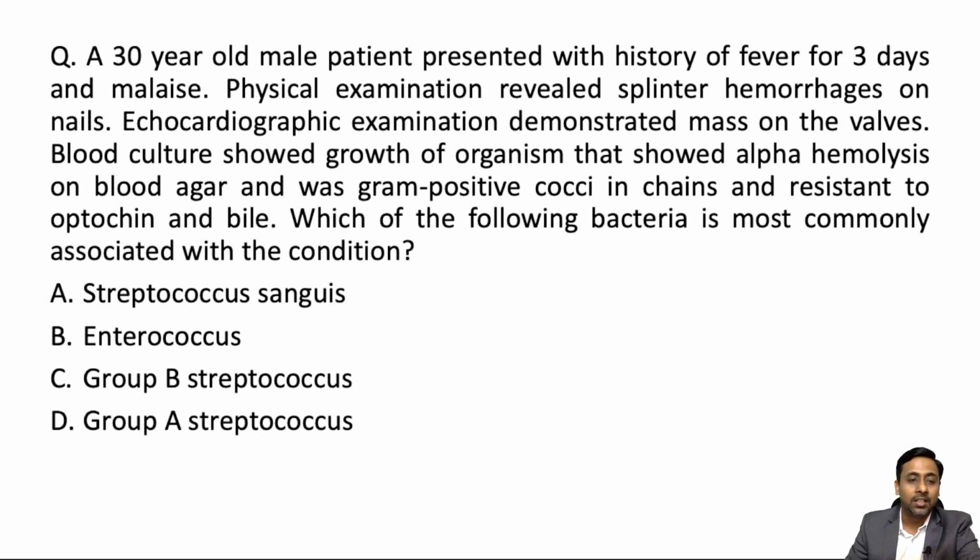So we'll see what information is given in the question. First is the history of fever and malaise, and physical examination revealed splinter hemorrhage on nails. Okay, and echo finding demonstrated mass on the valves, and blood culture showed growth of alpha hemolytic bacteria, which is basically gram positive cocci in chains, and it is resistant to optochin and bile.